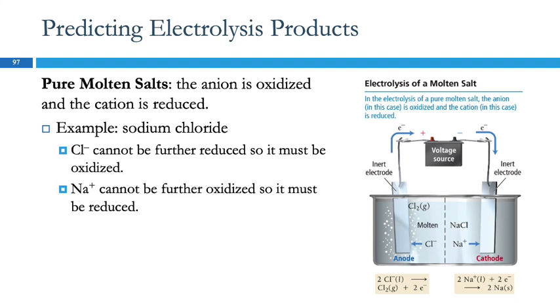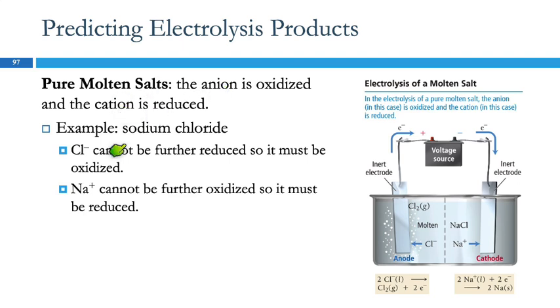Predicting electrolysis products. So again, electrolysis, we are applying a voltage, we're forcing electrons to flow. If we do this in a pure molten salt like sodium chloride, we've got two things. We've got an anion and a cation. The anion is going to get oxidized and the cation is going to get reduced.